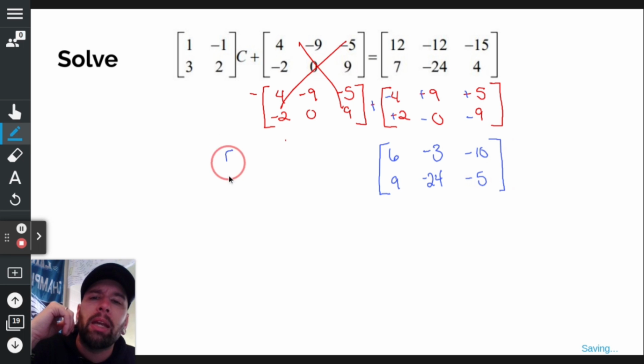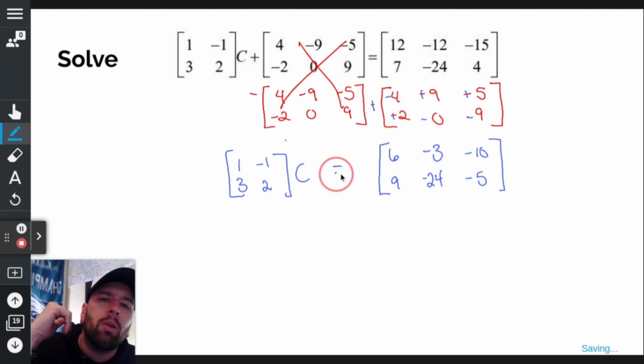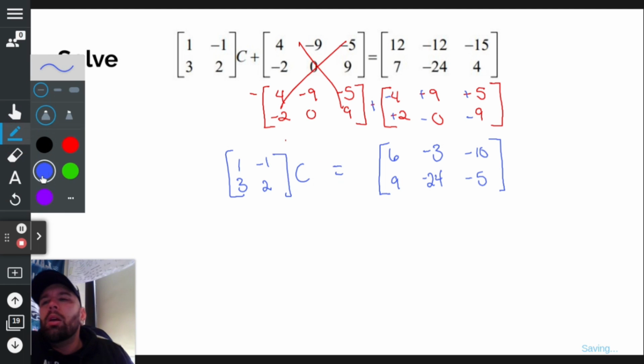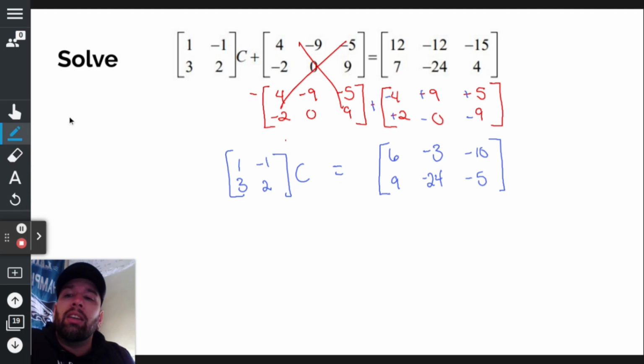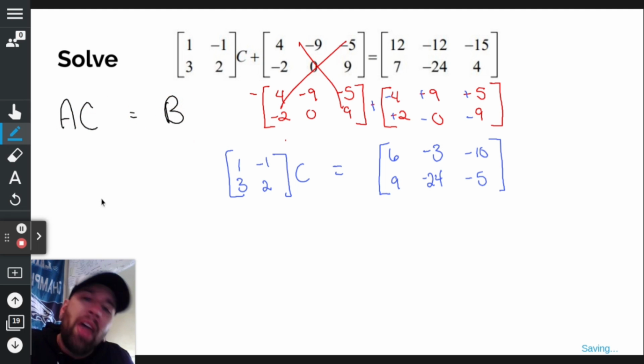So now I have a 2 by 2 matrix times C equals that. Now, when you're solving matrix equations, there is a rule. Say you have A times C, where C is what you're solving for, equals B. That's what I have.